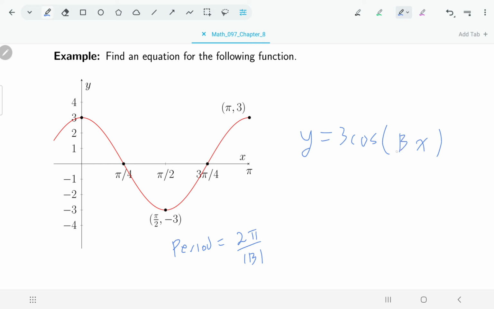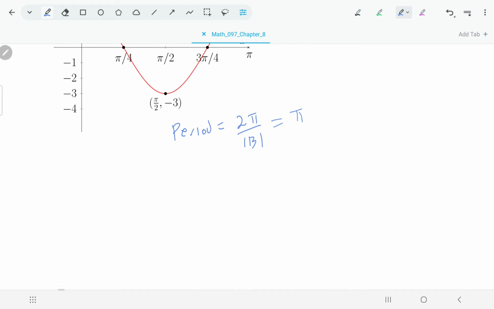So this is my mystery b that I'm searching for, and I know that 2 pi over the absolute value of b would be my period, and in this case the period is pi. So solving for that, I can say, well, the absolute value of b should be 2 pi over pi. Or in other words, the absolute value of b should be 2.